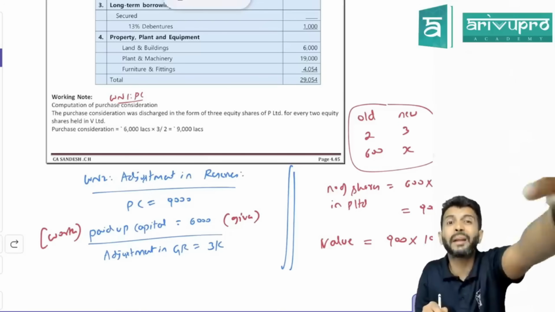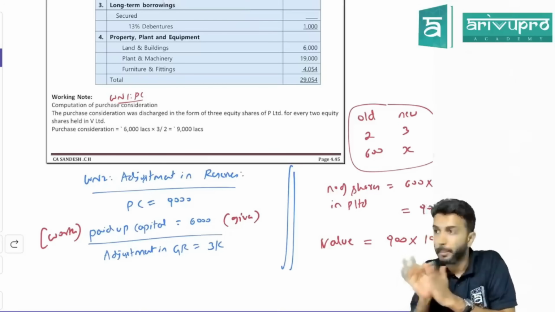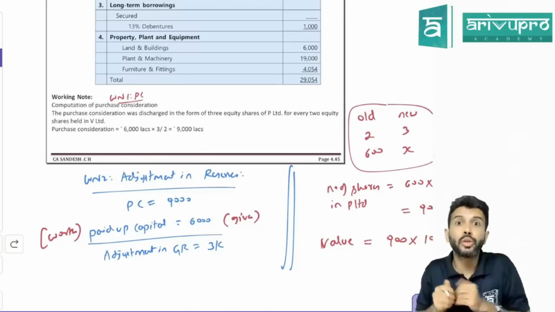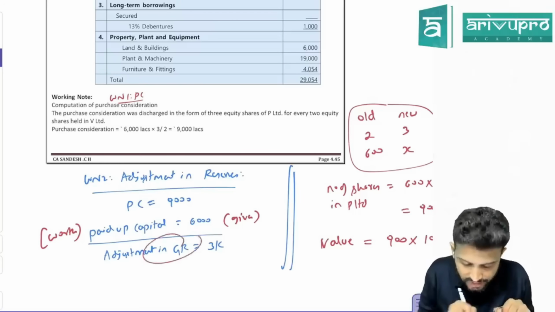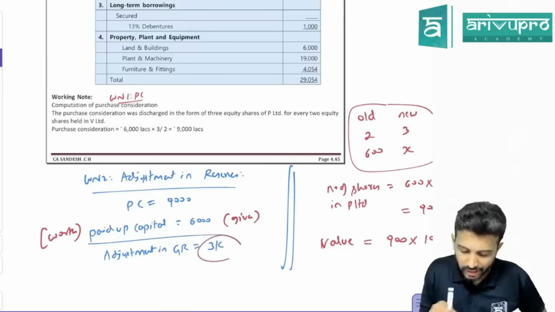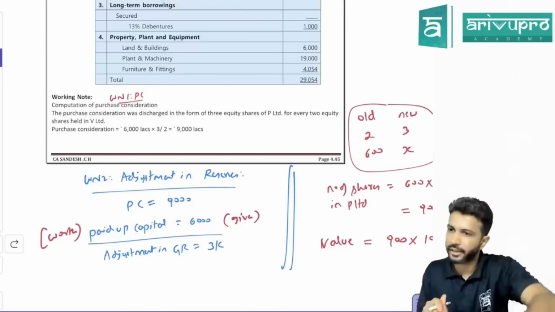If the purchasing company paid more, it means they suffered a loss. That loss would be accounted as goodwill. If you show it as goodwill, it will become self-generated goodwill, which you cannot show. Hence, this loss is adjusted in reserves. Usually, which reserve? General reserve. So the amount to be adjusted in reserve is 3,000 rupees. That's the work. Keep this in mind and then start your journal entries.